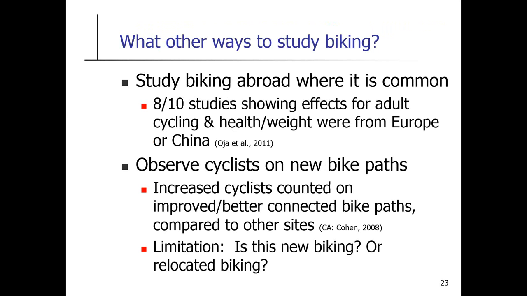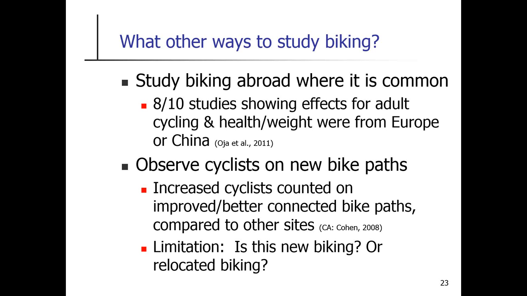In addition, if you want to make sure that your biking study is going to work, you might study it abroad where biking is more common. So there's lots of evidence that there's health effects for adult cycling in Western Europe and China. And then finally, you can observe cyclists on new bike paths instead of trying to find people in the surrounding neighborhoods to do surveys beforehand.